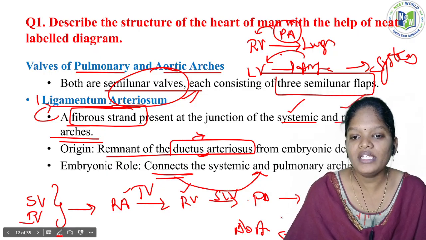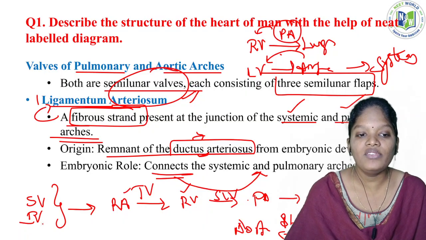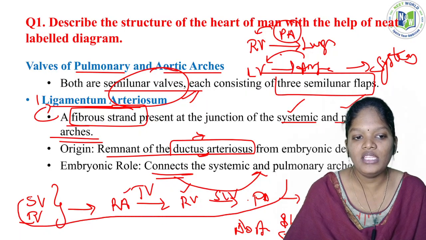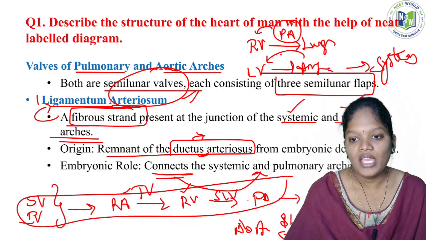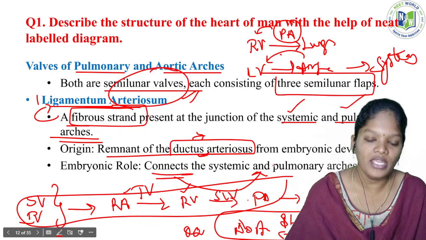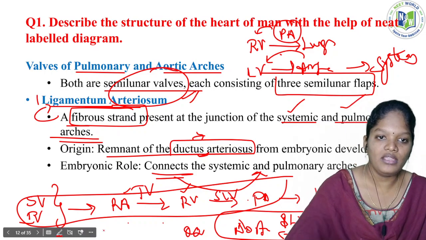From the left ventricle, the blood enters the aorta through a semilunar valve. One more important thing: up to the pulmonary artery it is deoxygenated blood, while from the left atrium and left ventricle to the aorta it is oxygenated blood. And one more important point, we are going to see about that.